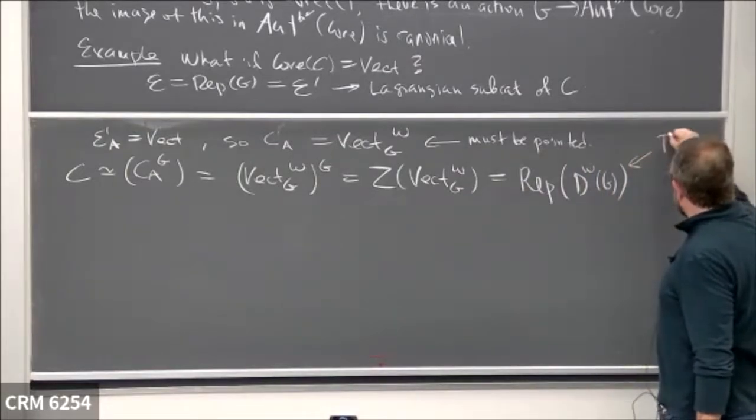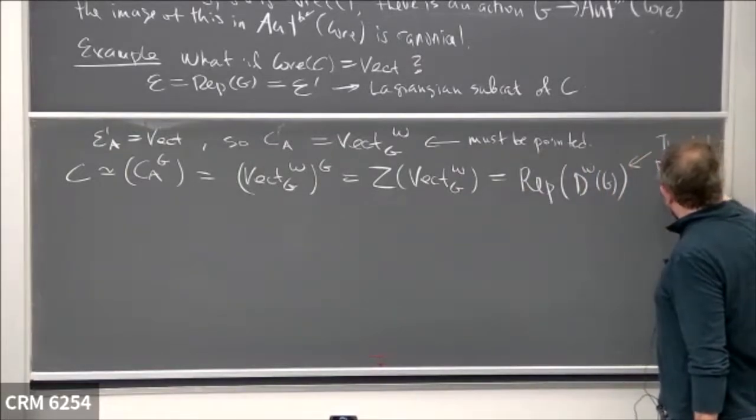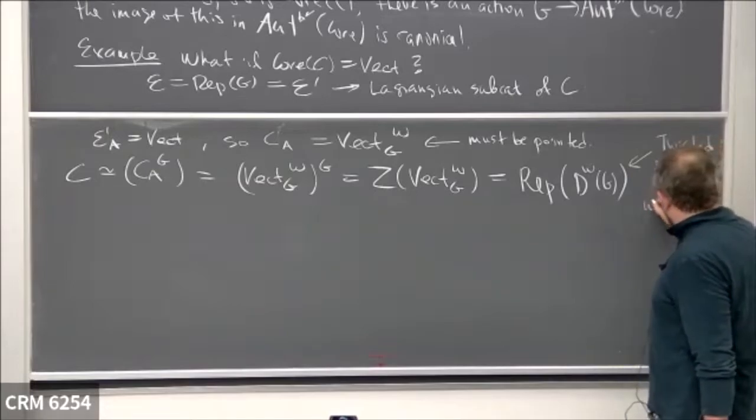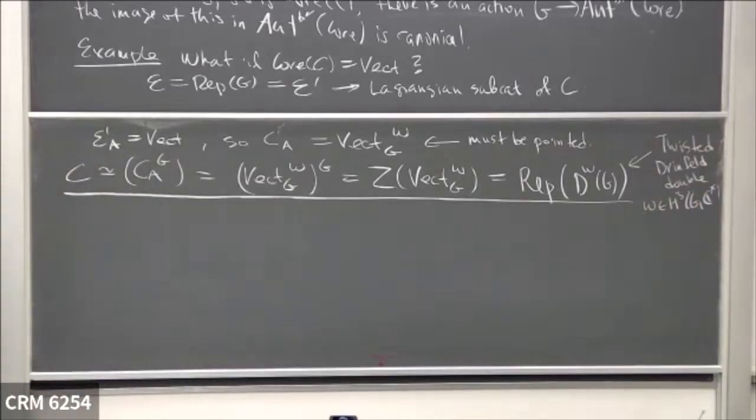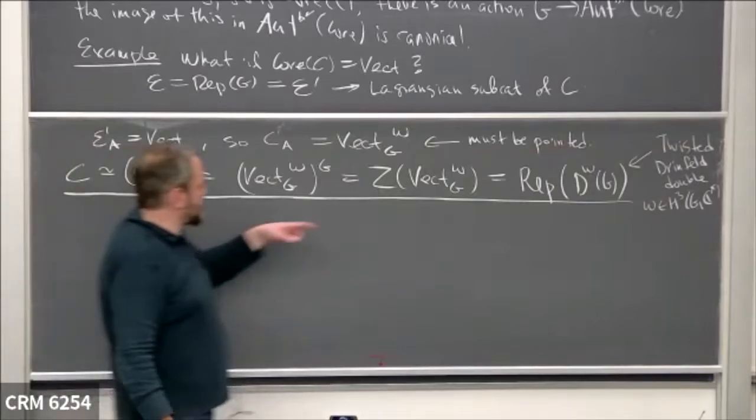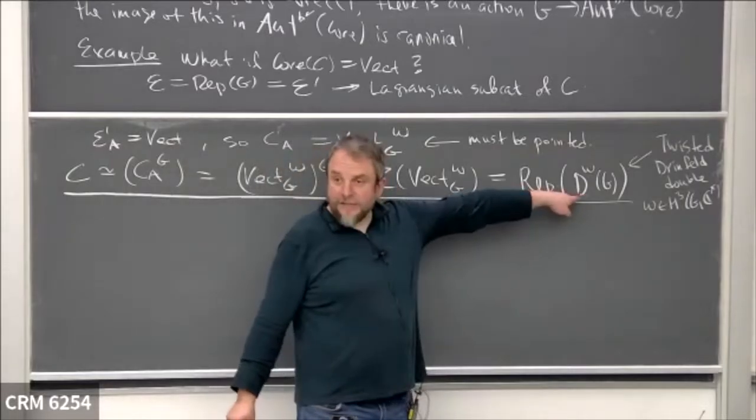So the twisted Drinfeld double corresponding to some omega, a third cohomology class. So there, we solve this problem. The categories with the trivial core are precisely these categories, the twisted Drinfeld doubles.